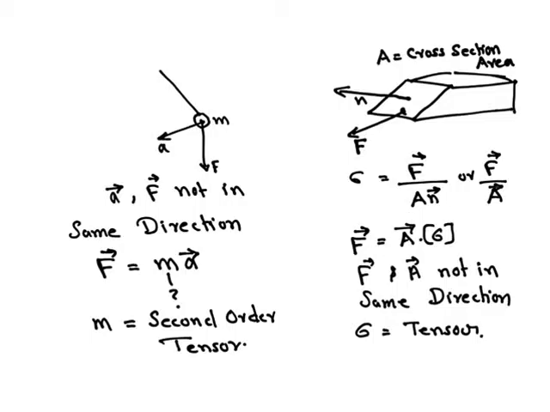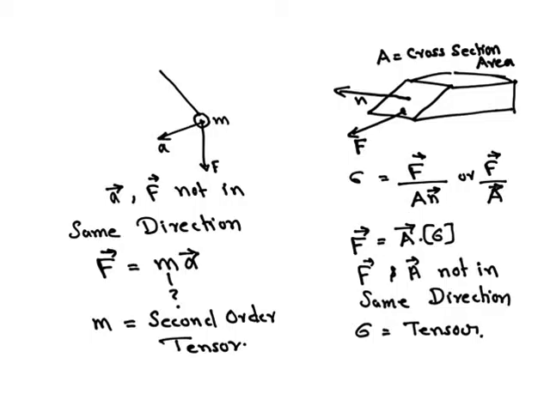Force may not be in the same direction as the normal of the cross section. It may be slanted or in some other direction. In that case, that sigma should be able to transform this vector into the force direction. So in that case, we already know that this one is not a constant, it is a tensor quantity. That's why we want to explain that sigma. For that purpose, we can call sigma a tensor.